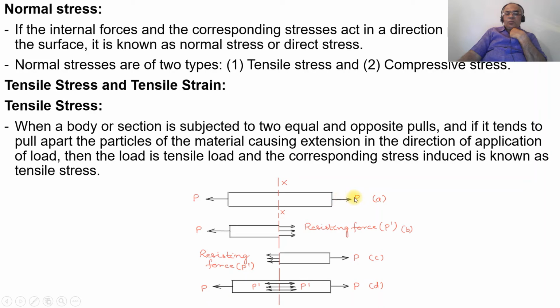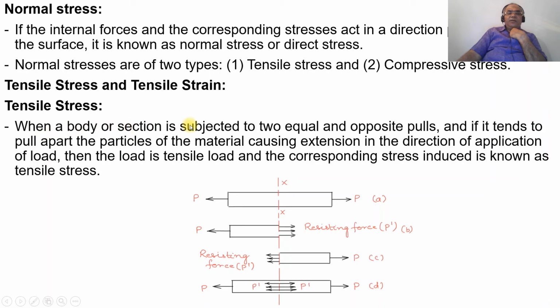That means when the two forces are acting opposite to each other, they tend to pull apart the particles and cause the extension. That means the length of the member is going to increase, and this increase in length will be in the direction of the applied load. Then the load is tensile load and the corresponding stress is called the tensile stress.